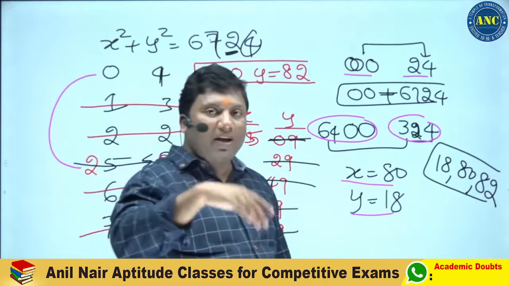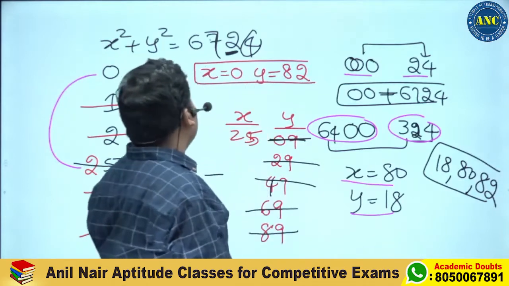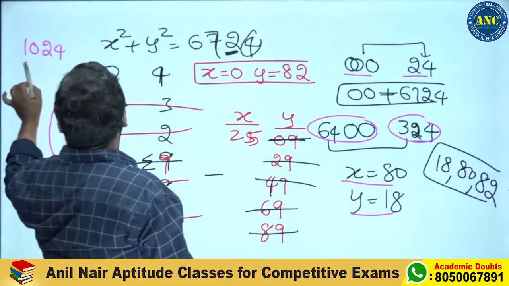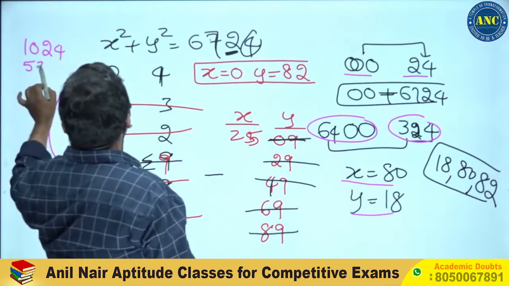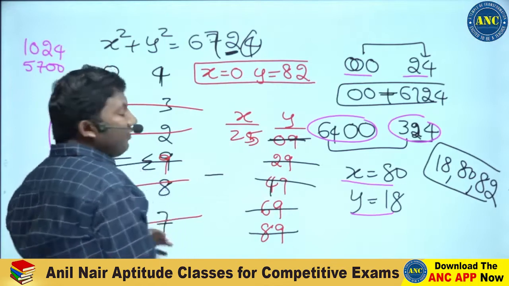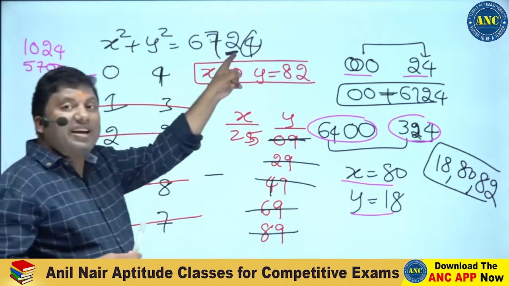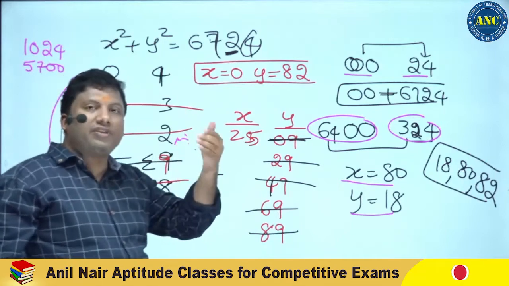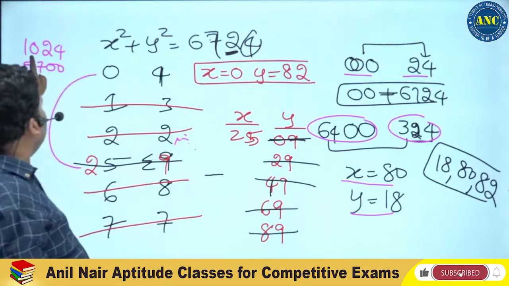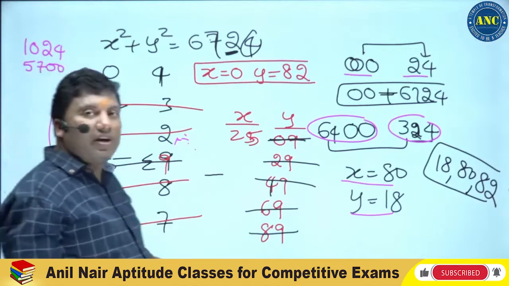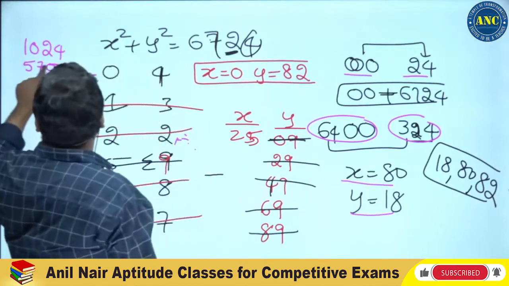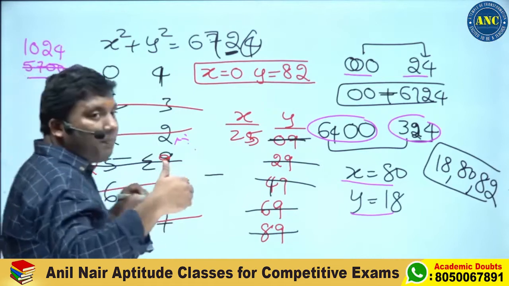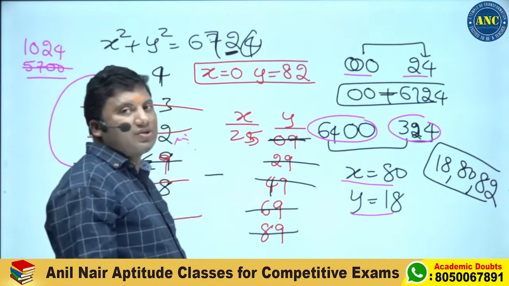What is 50 minus 18? 32 square, 32 square is 1024. So the next will become 5700, not possible.